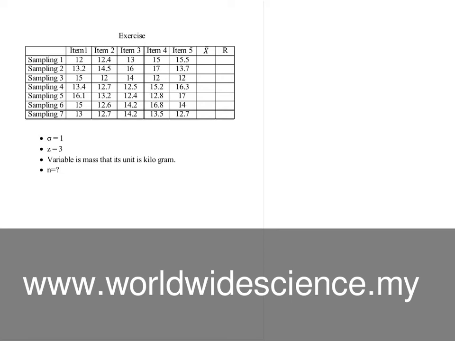Then you should draw two straight lines. The straight lines are UCL, upper control limit, and LCL, lower control limit. These two lines should be straight and cross the vertical axis, because the vertical axis is X bar. For example, the UCL has been calculated as 15.28.